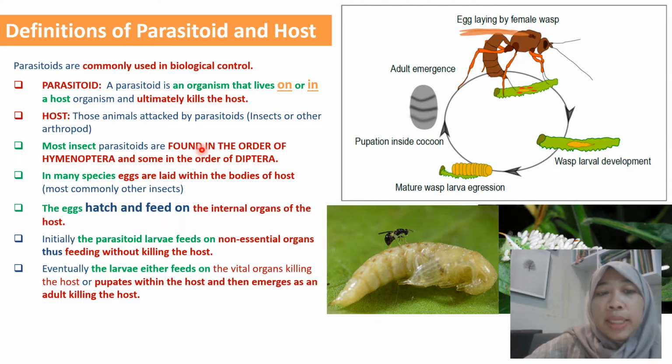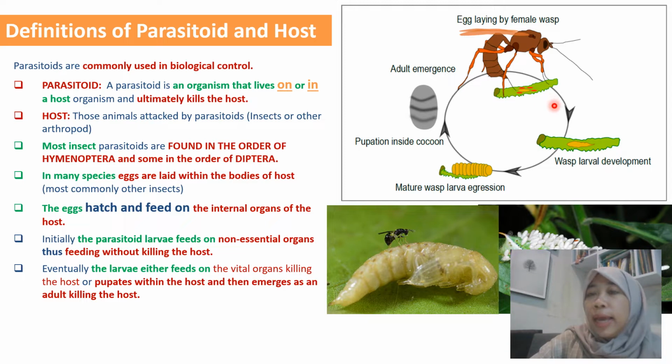In many species, eggs are laid within the bodies of hosts. In this case, the adult parasitoid searches for the host, and after they find the host, they oviposit, injecting their egg into the body of the host.